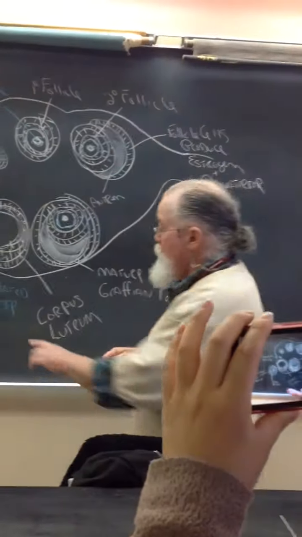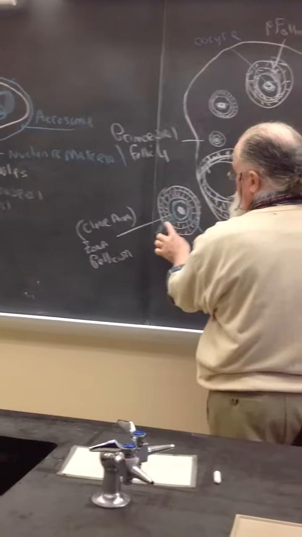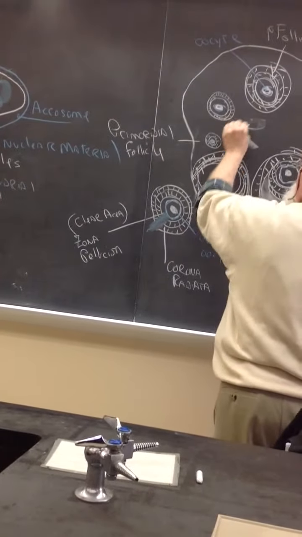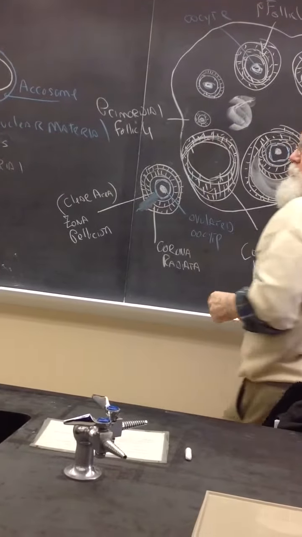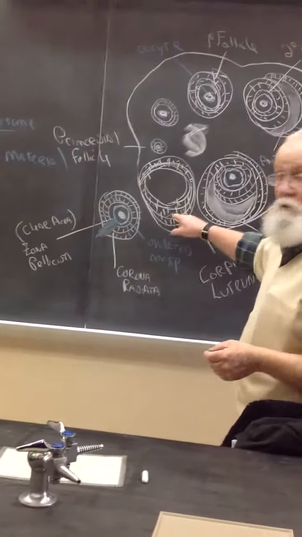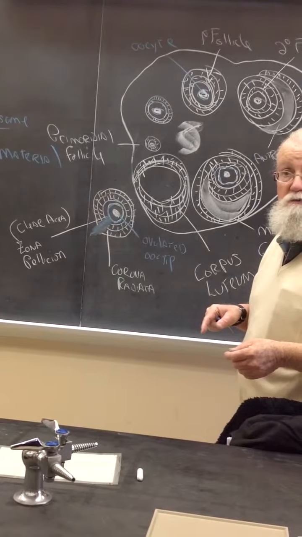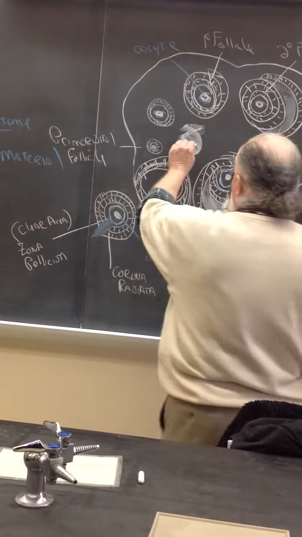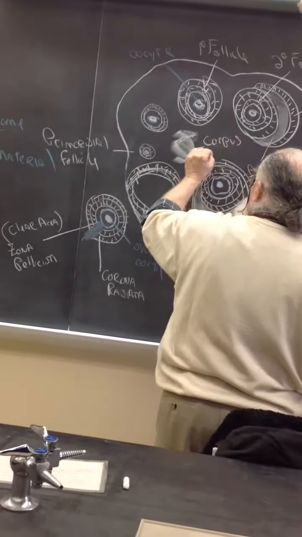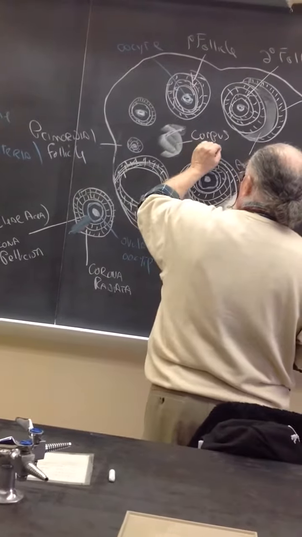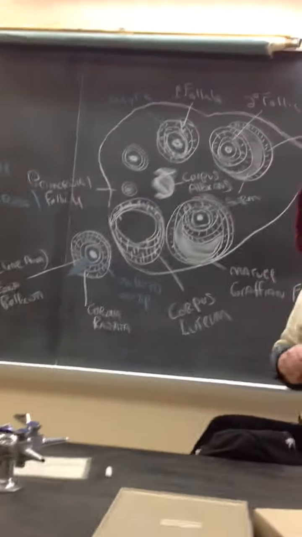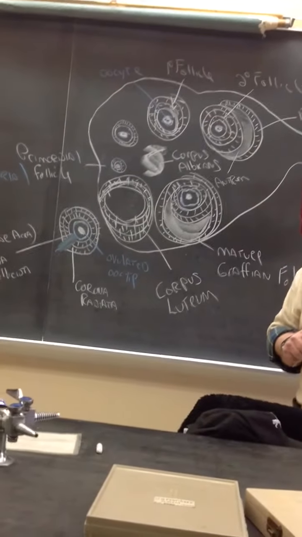If there is no pregnancy, this degenerates into scar tissue. No longer epithelial cells, it degenerates into scar tissue. It degenerates into something called the corpus albicans, okay?